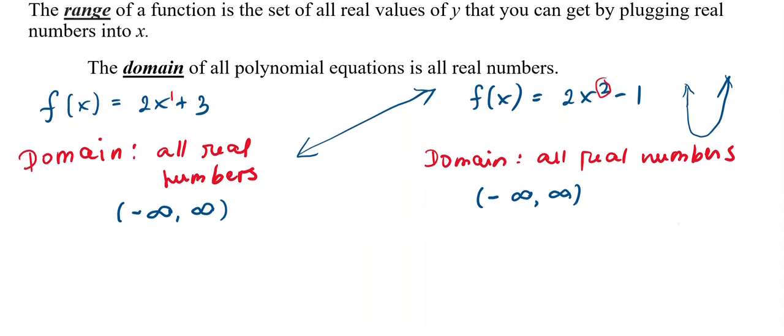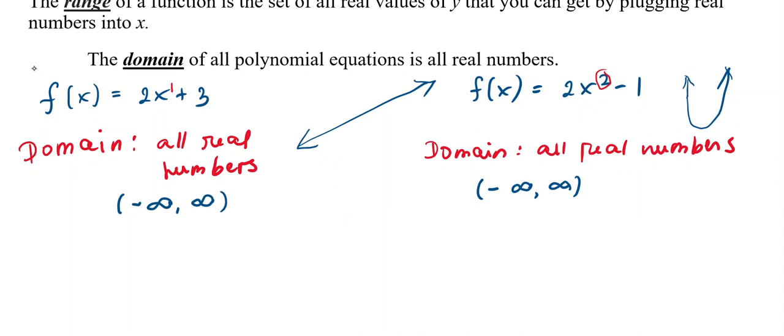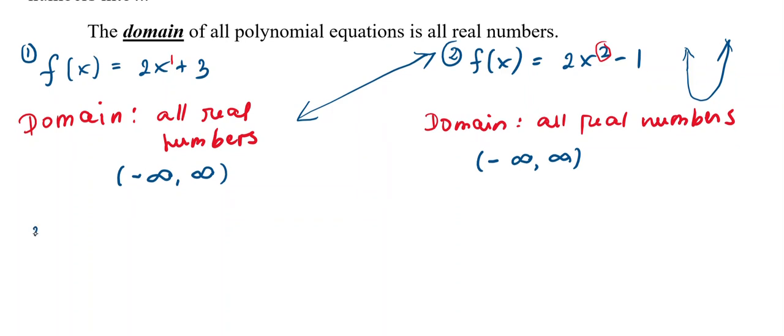Now, going back to the fact that the domain of all polynomial equations is all real numbers, let's extend our examples. I'm going to say this is example 1, this is example 2, and this is example 3.